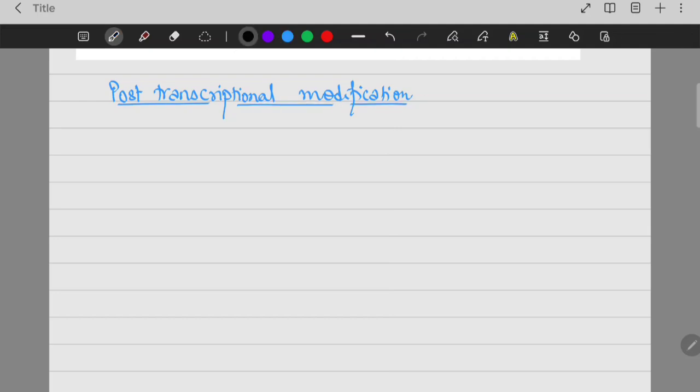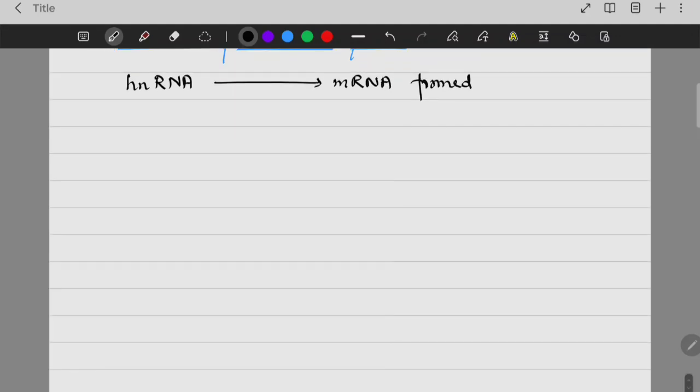So the post-transcriptional modifications, as I said earlier, after the new RNA forms, that is known as heterogeneous nuclear RNA, the mRNA has to be formed. So some of the modifications include the first one, that is 5' end capping.